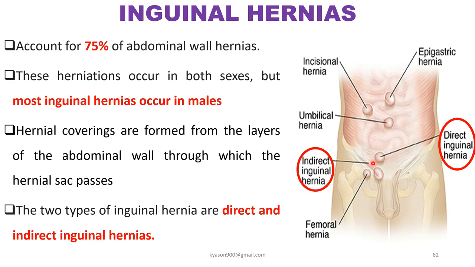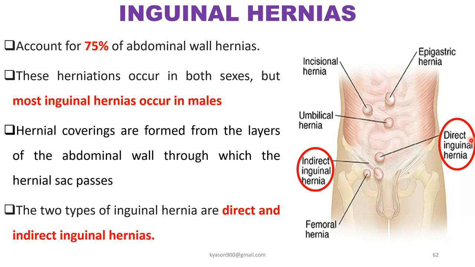In indirect, the structures are finding a path to reach the inguinal region. So it's indirect, it's not direct. In the direct, these coils are going to pass straightforward through the weak spot. But here they are going to take another path to reach the inguinal region. That's why this is called indirect, but this is direct.